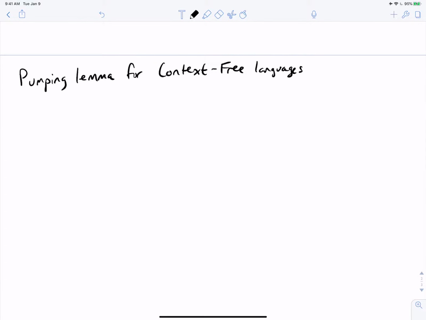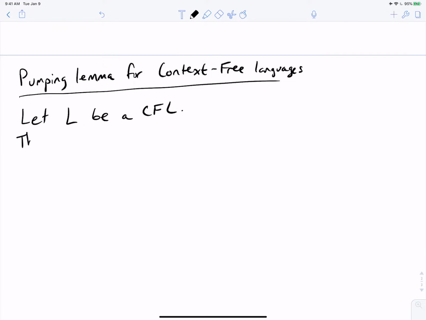Okay, so what does this say? It's actually really similar to the one for regular languages, but there are slight differences, as you might expect. Starting off, let L be a CFL, a context-free language.